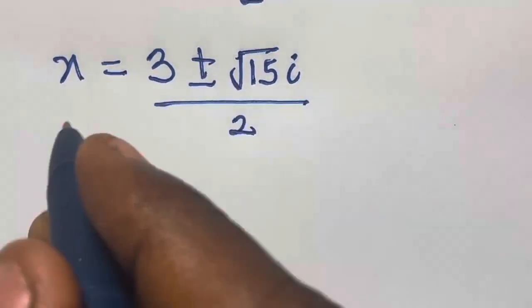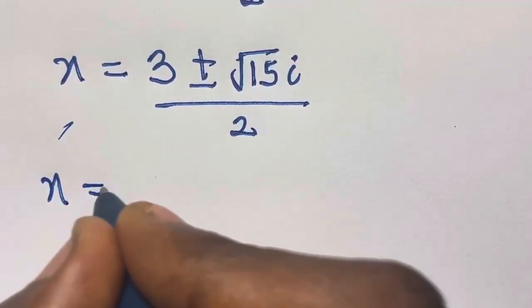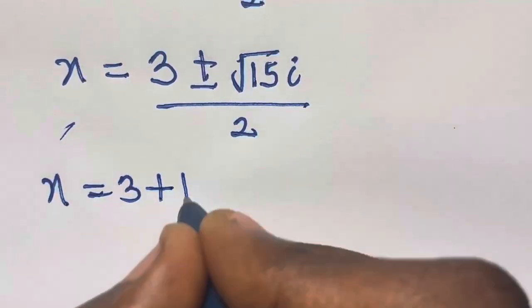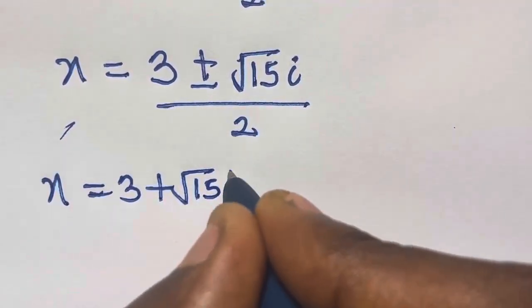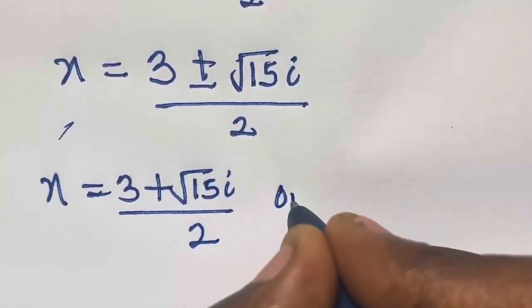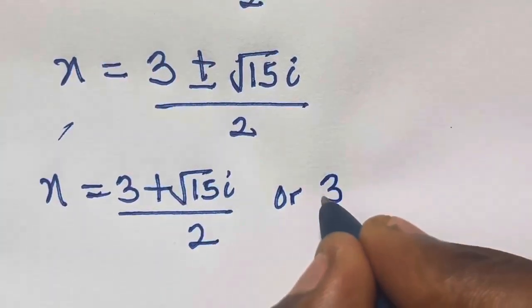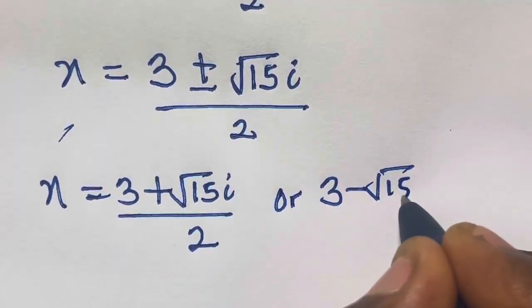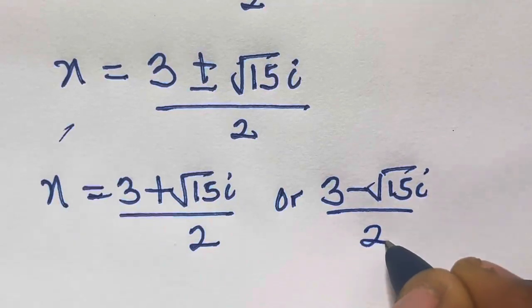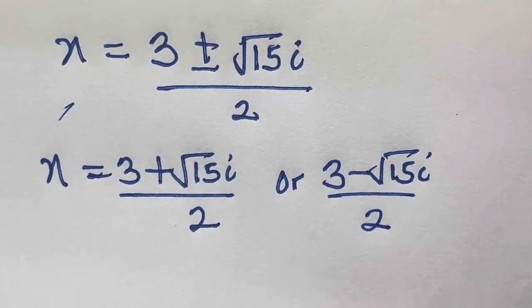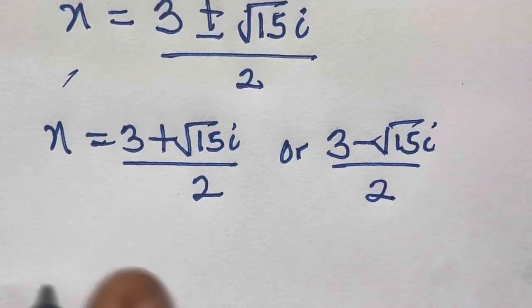Therefore, for this quadratic equation, we have x to be 3 plus square root of 15 i, divided by 2, or 3 minus square root of 15 i, divided by 2. But don't forget that we've already gotten one solution to be x equals minus 2.